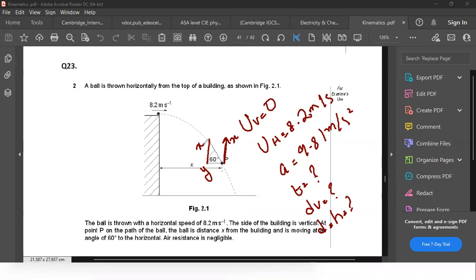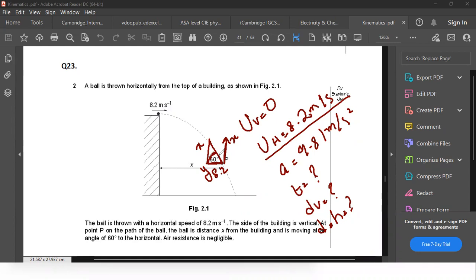So if our initial horizontal velocity is 8.2, then at point P it will still be 8.2. Technically, you know the horizontal component, and you know your angle. So you can apply a trigonometric ratio and find out the vertical side.